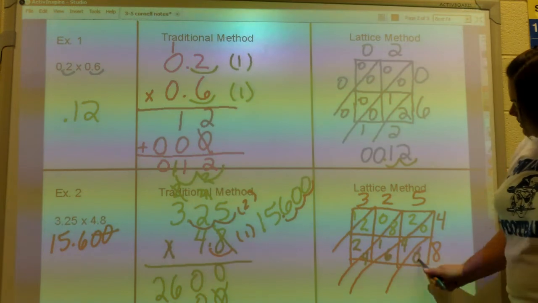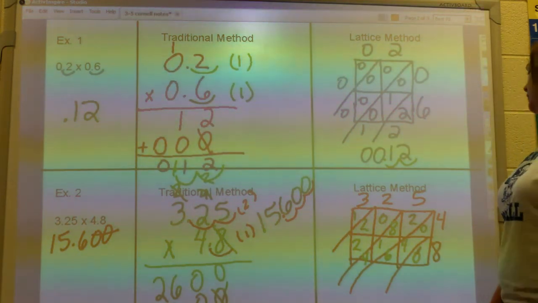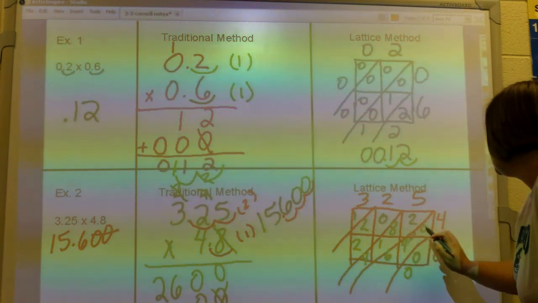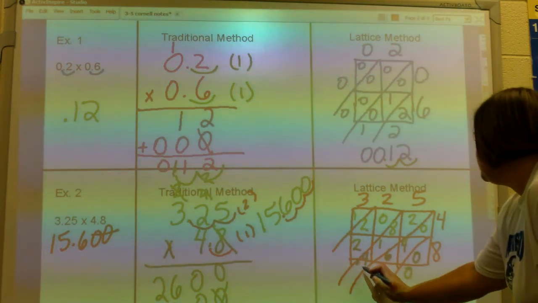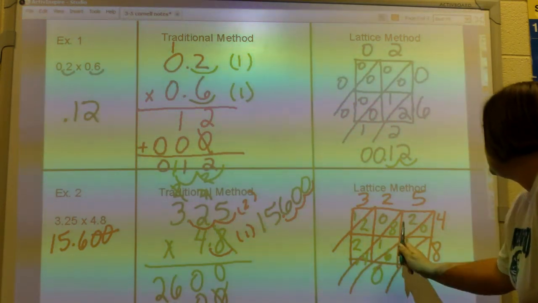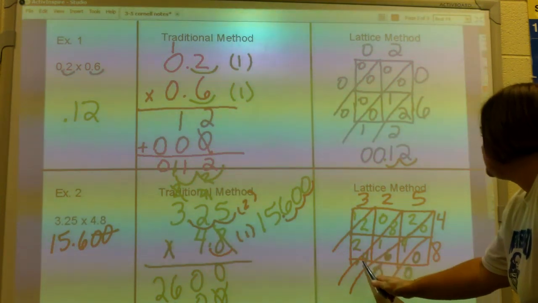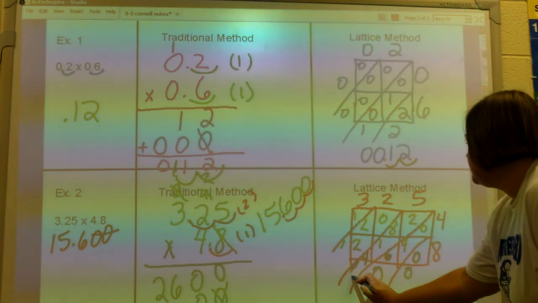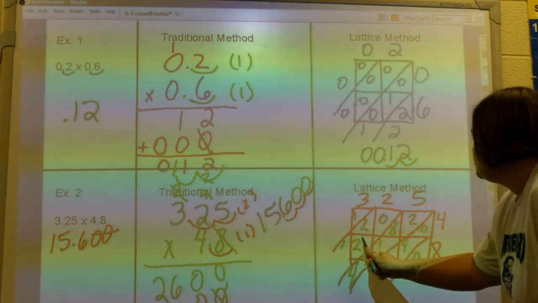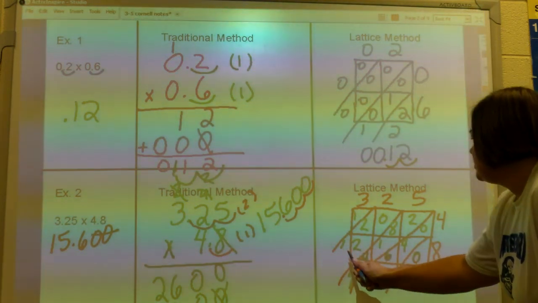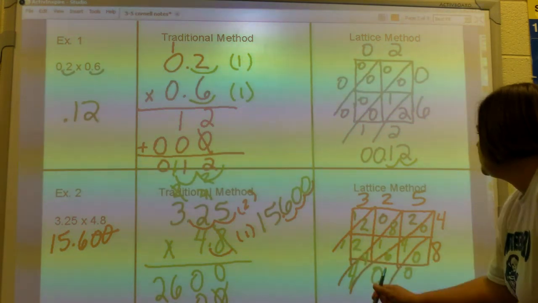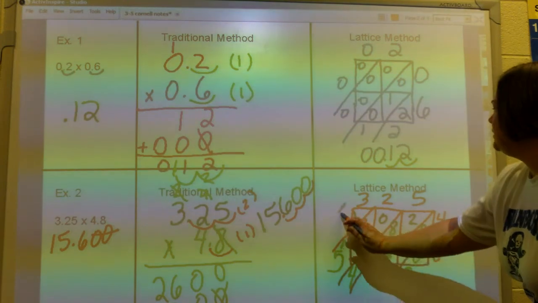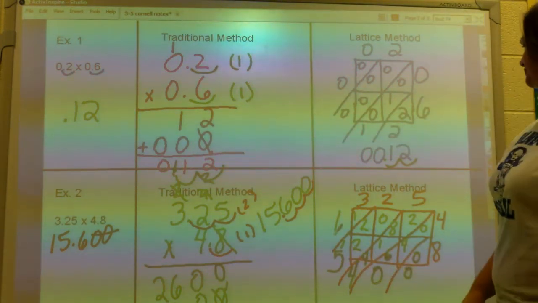Now I'm adding what's in these diagonals. So I have 0, 6 plus 4 is 10. I'm going to carry my 1, bring down my 0. 8 plus 1 is 9, plus 1 is 10, plus 4 is 14. Carry my 1. 2 plus 2 is 4, plus 1 is 5. And then we have a 1.